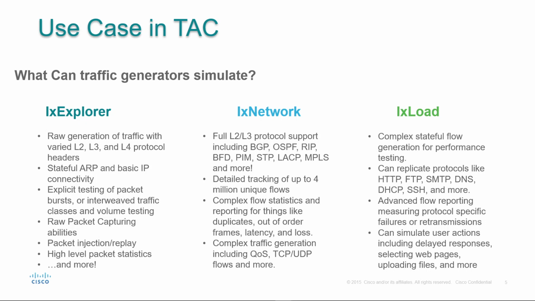And it's best for raw traffic generation where we need to introduce either static or varied L2, L3, and L4 protocol headers. Now, when it comes to stateful information, ARP is about as specific as it gets. When we're talking about those L2, 3, and 4 protocol headers, those are usually not stateful.